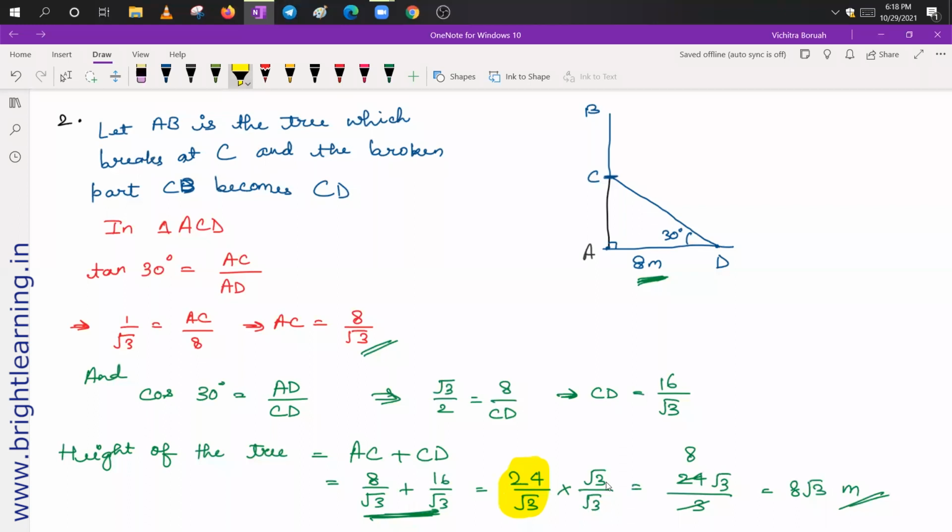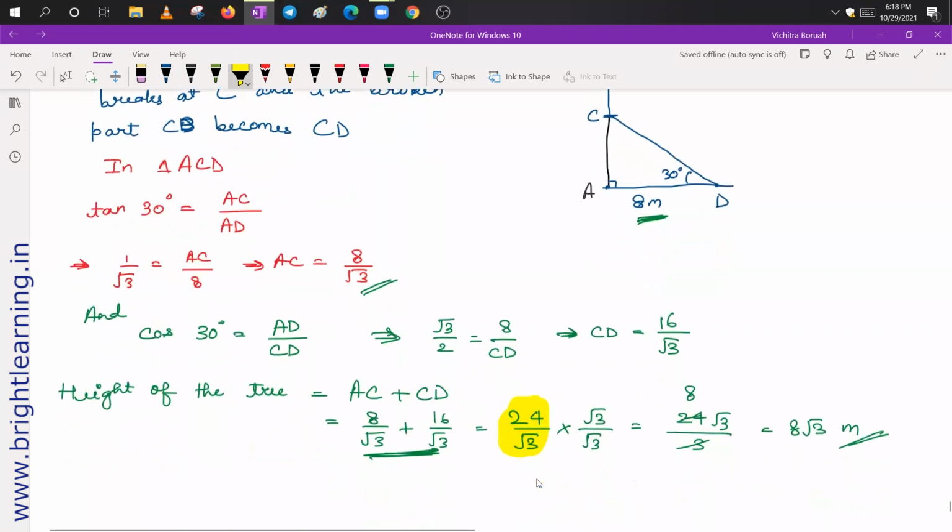Once you multiply, in the denominator part you will get root 3 into root 3, that is 3, and in the numerator part you will get 24 root 3. And again if you cancel it out, 3 8s are 24, so 8 root 3 meters, this is the height of the tree. You can leave the answer here also, 24 upon root 3 meters. Okay, understood?